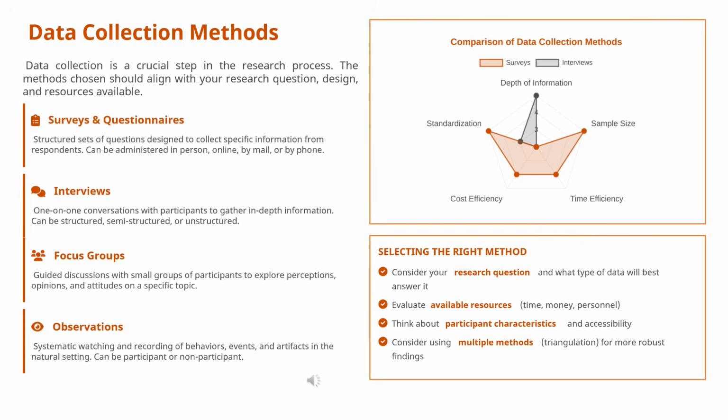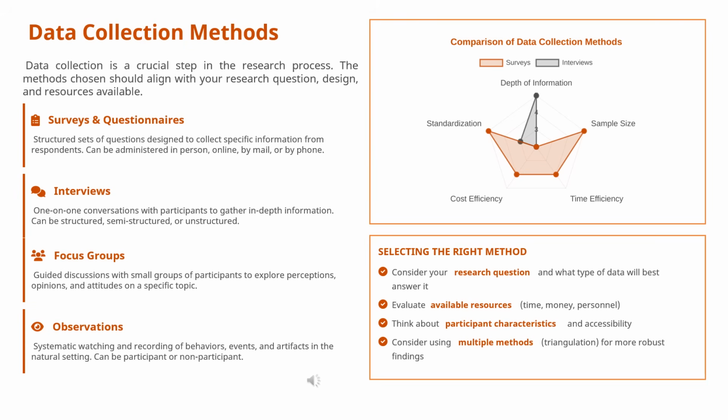Then we have the focus group. This involves guided discussions with a small group of participants to explore their perception, their opinion, and attitude on a specific topic that is of public health relevance. Then another way of collecting data is observation.